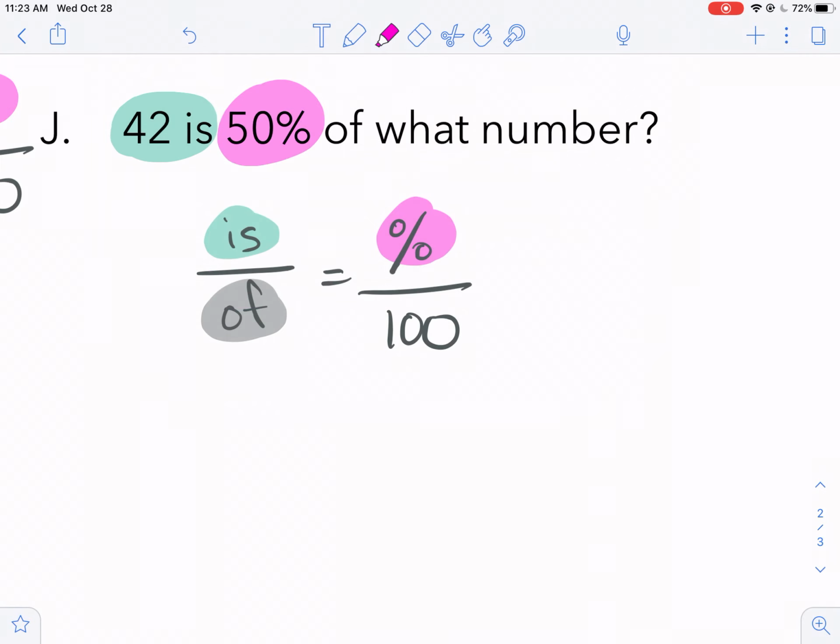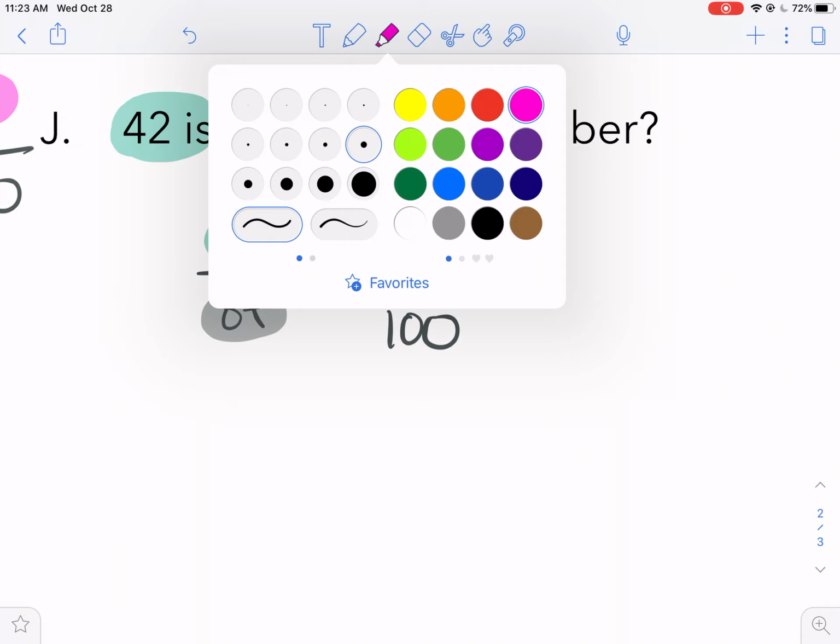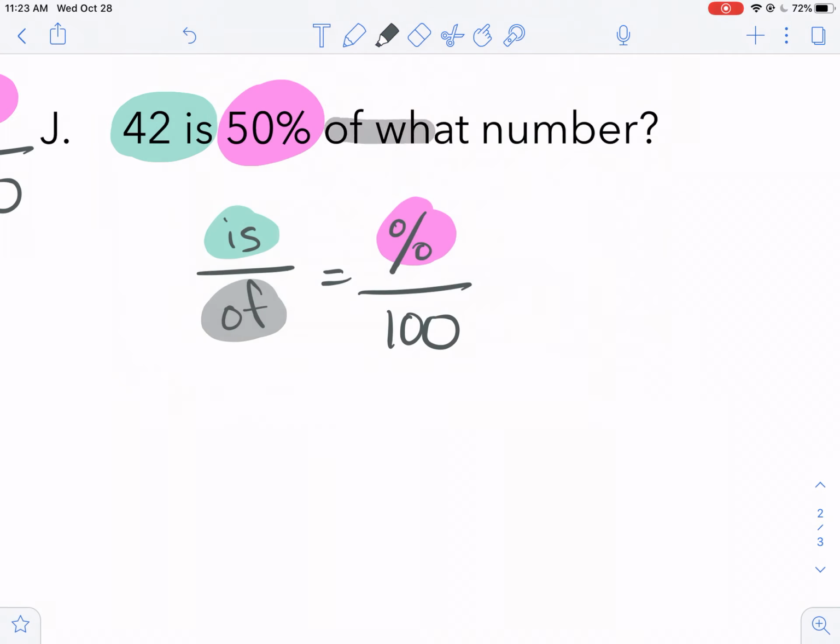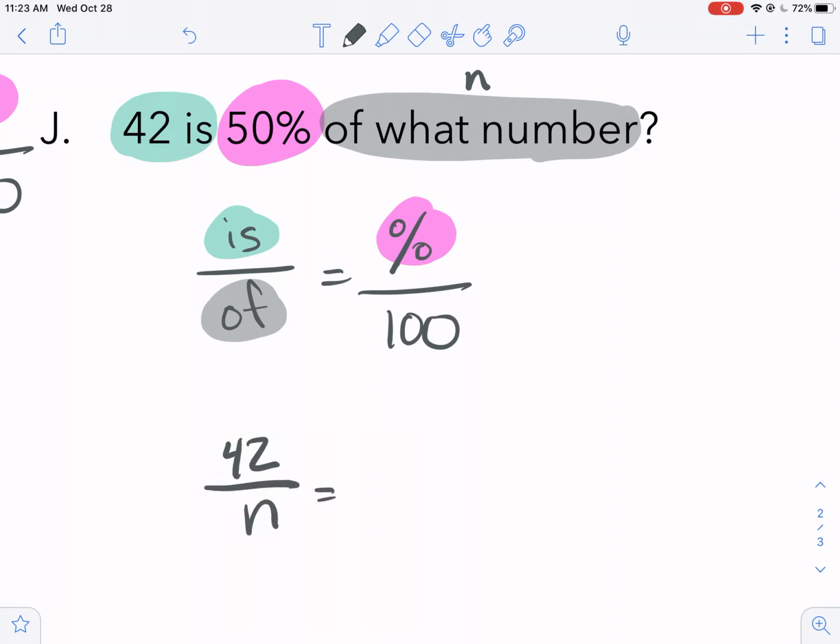We don't know what our of number is, so that's what we'll try to find. And my Apple Pencil is dying. Let's just say n for number. So we'll say 42 over n equals 50 over 100.